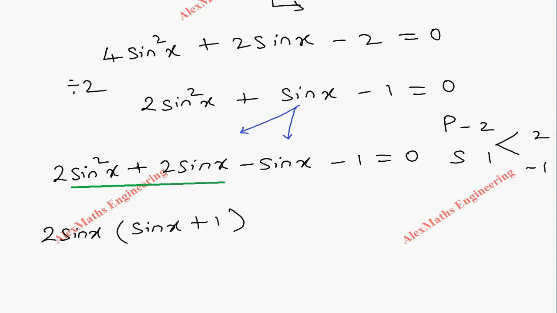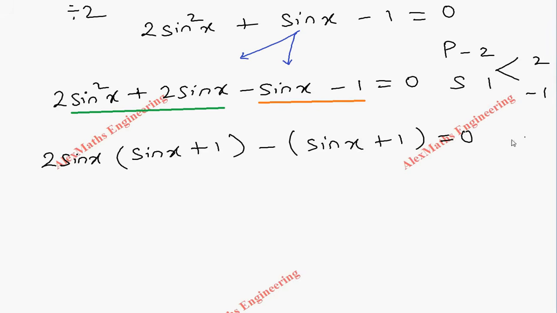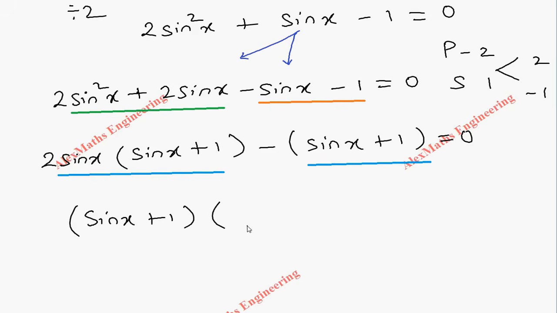Then from the last two terms, we can take minus common, so we get sin x plus 1 equal to 0. Now on the whole, we can take sin x plus 1 common from these two terms. We get one factor, and another factor is 2 sin x minus 1 equal to 0.